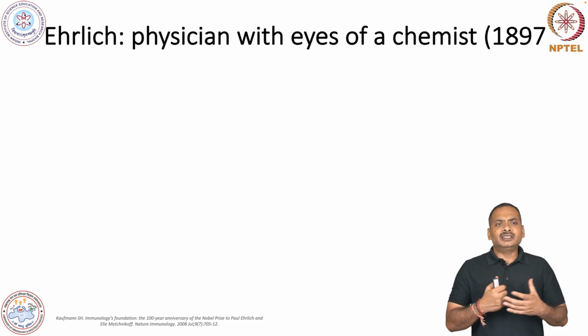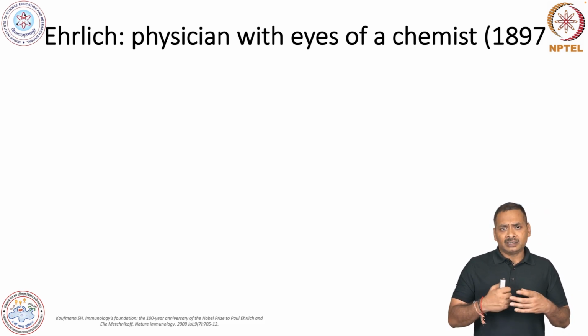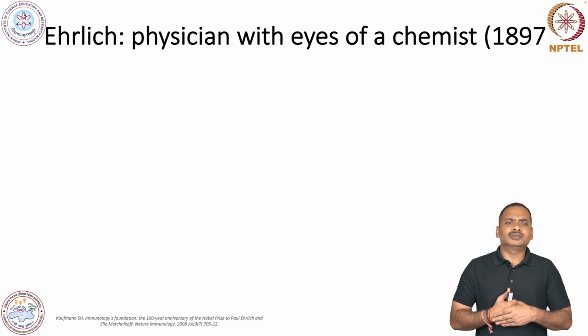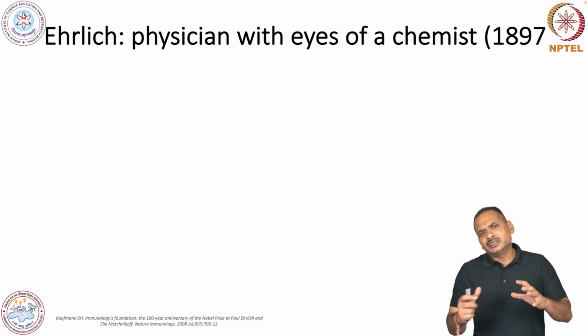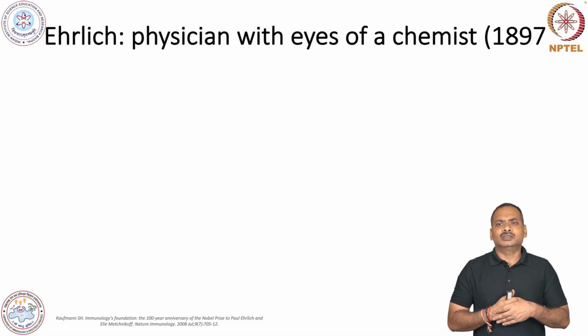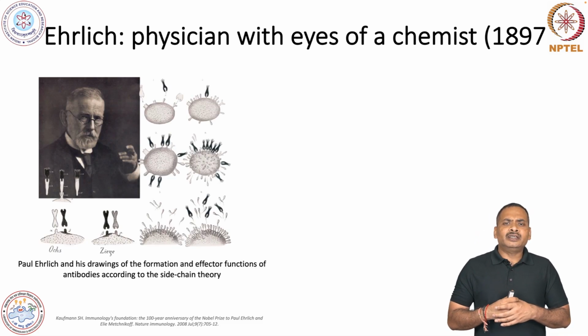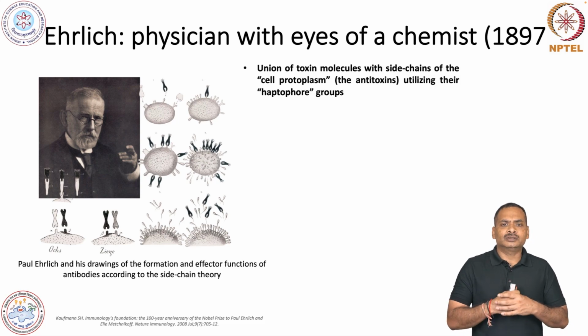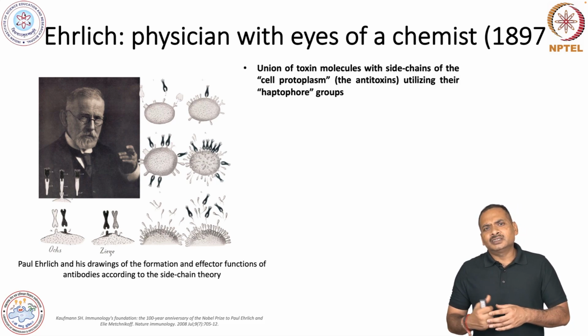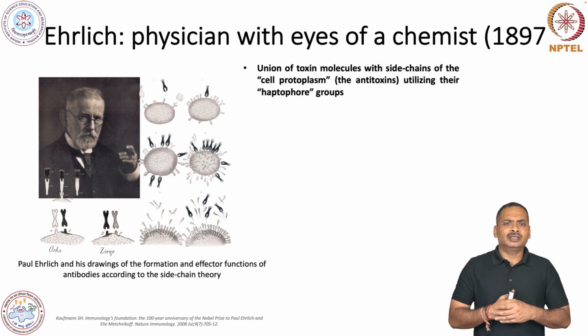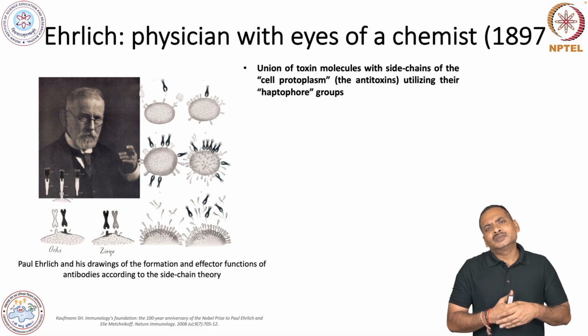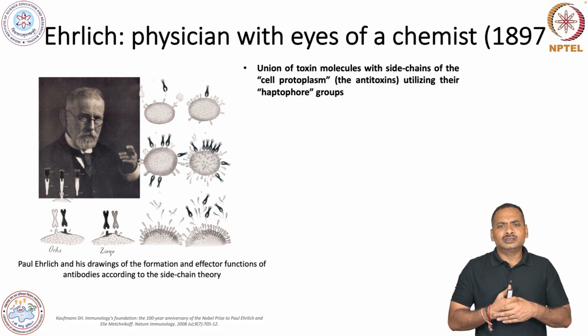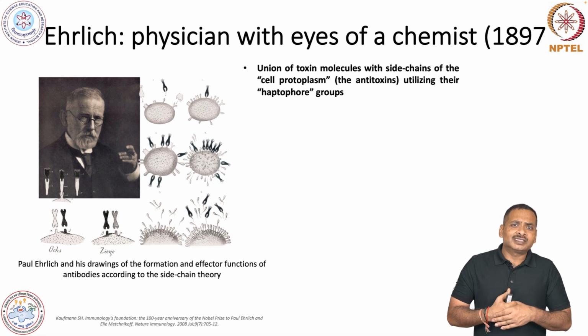Another is Paul Ehrlich's work. He was a physician, and he was more interested in the chemistry component. He gave a theory which we call the side chain theory. Basically, when there is a toxin in the host, some molecule will be generated over the cell, which he called a side chain.